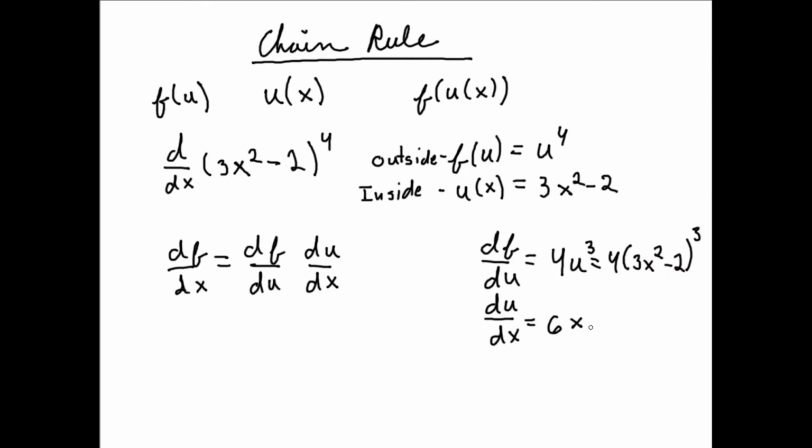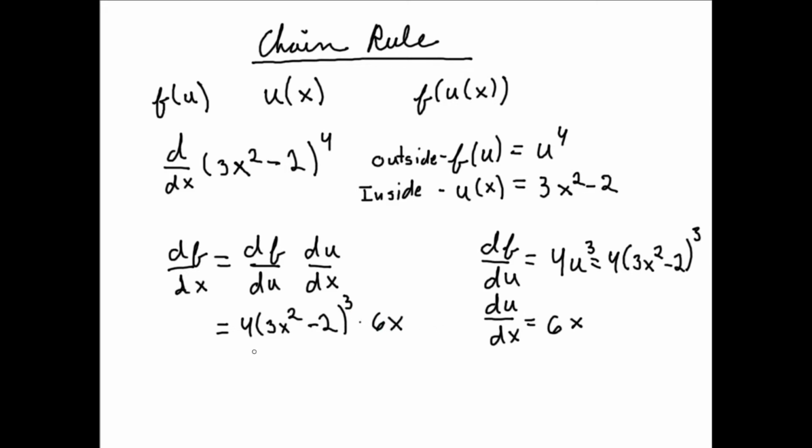There we go. And now we have our df/du, and all we have left to do is actually multiply them together. So once again, our df/du is going to be 4 times 3x squared minus 2 cubed times du/dx, which is just 6x.